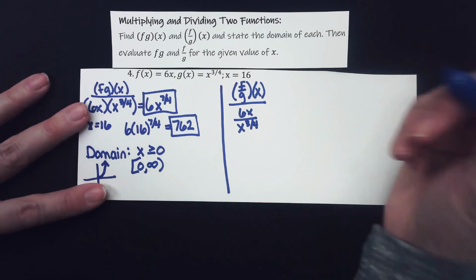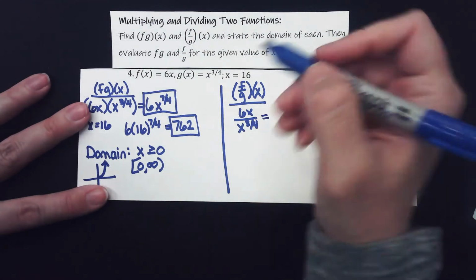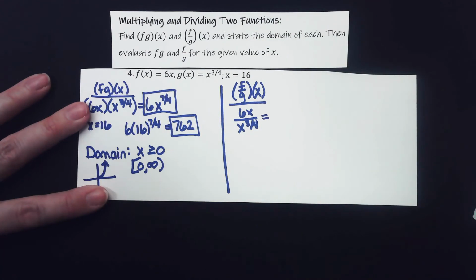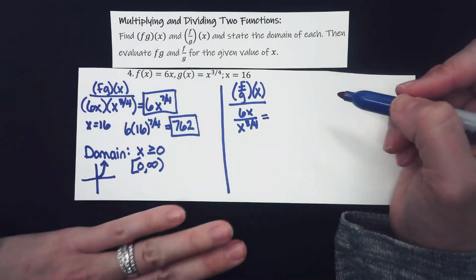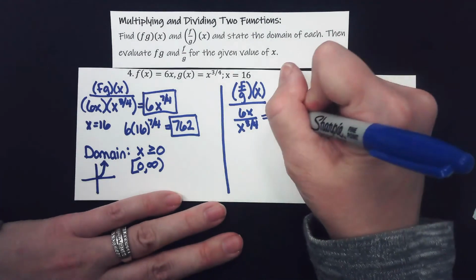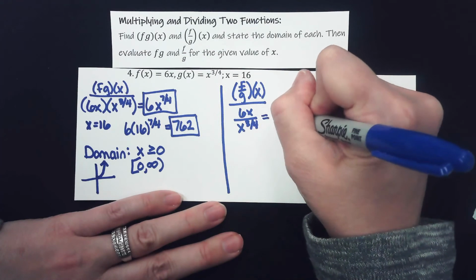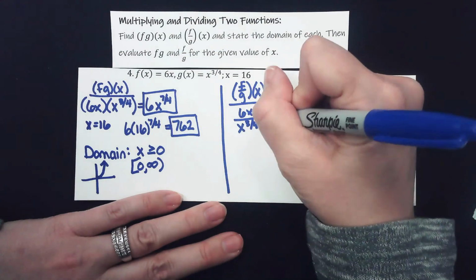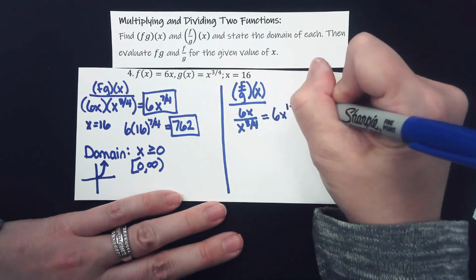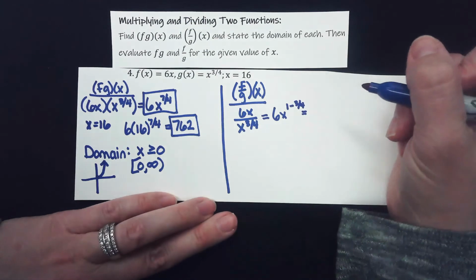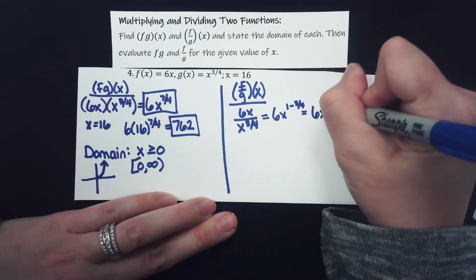So when I get my answer, and again, that was on the same problem up above on number 3, let's go with 6 times x to the first power minus the 3/4, because that's what's in the denominator, and we get 6 times x to the 1/4.